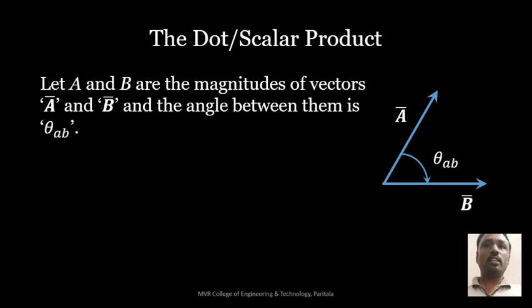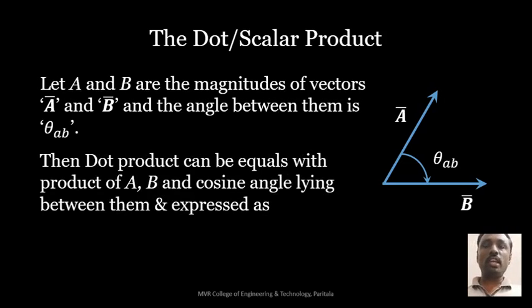So what is that? The dot product is exactly equal to the product of the magnitudes of A bar and B bar and the cosine of the angle lying between them. The dot product will give a scalar value. So it's a scalar, it contains only magnitude, so we need not talk about direction here.